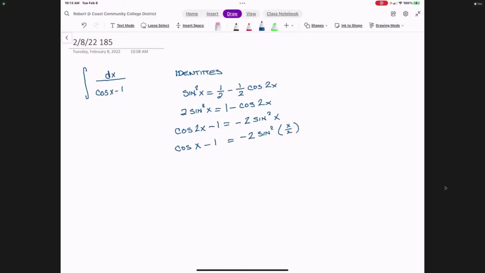So now notice that we haven't done any calculus. This is just a bunch of manipulation, right?